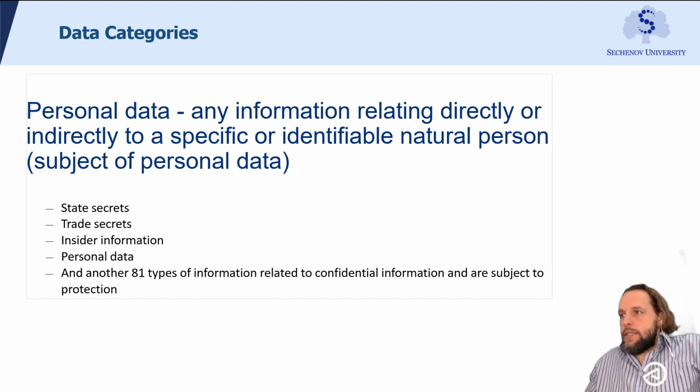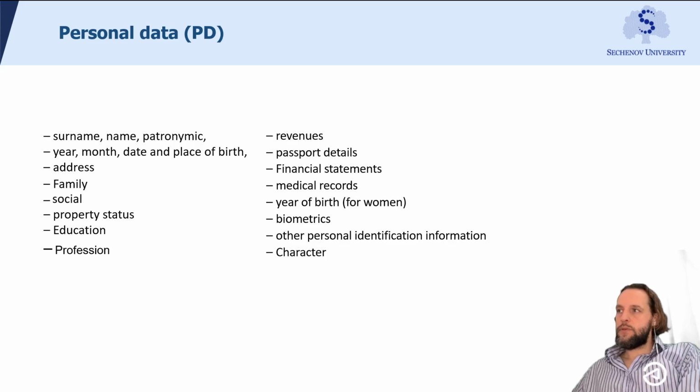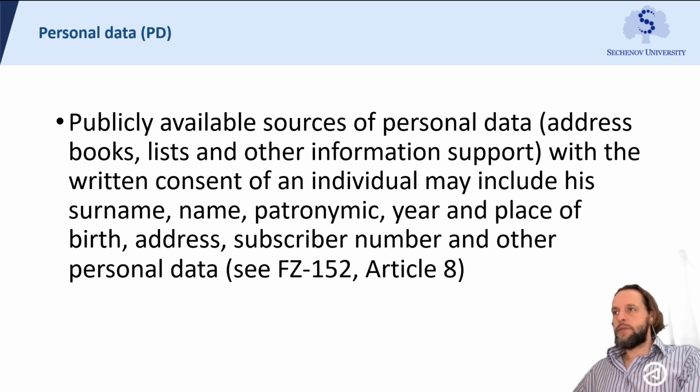It will be state secrets, trade secrets, insider information, personal data, and lots of other types of information. In the area of personal data, we'll have names of our patients, date of birth, addresses, family status, social status, education, profession, and so on. So all the personal information about them needs to be treated in a secure way.